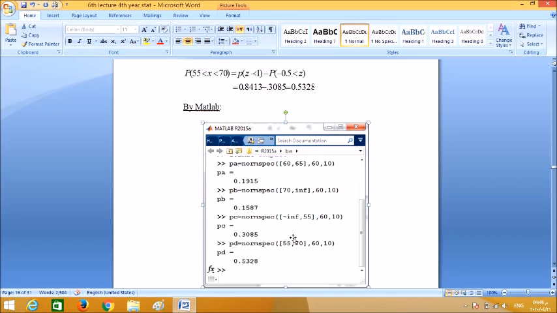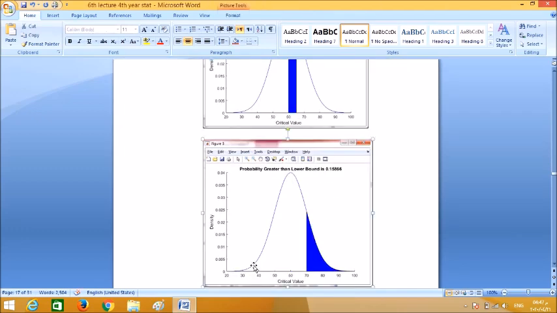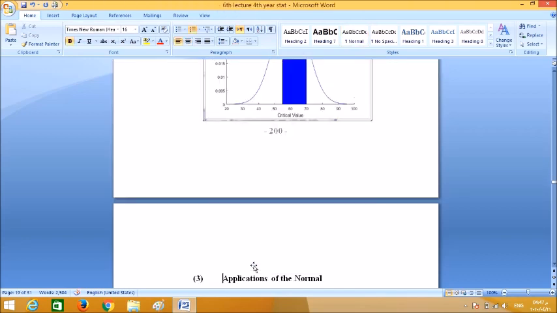And between 55 and 70, this probability equals 0.53. Okay, so it's very easy to compute any probabilities using the normspec function. Okay, this is the figures for those probabilities.